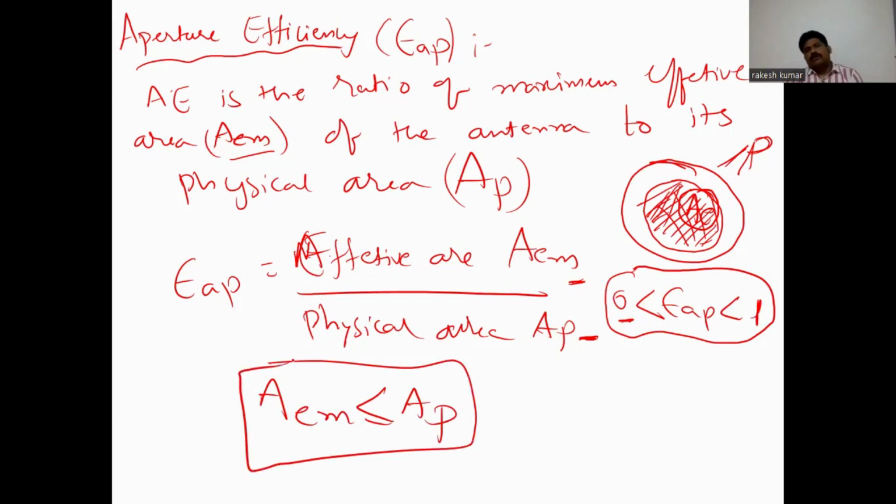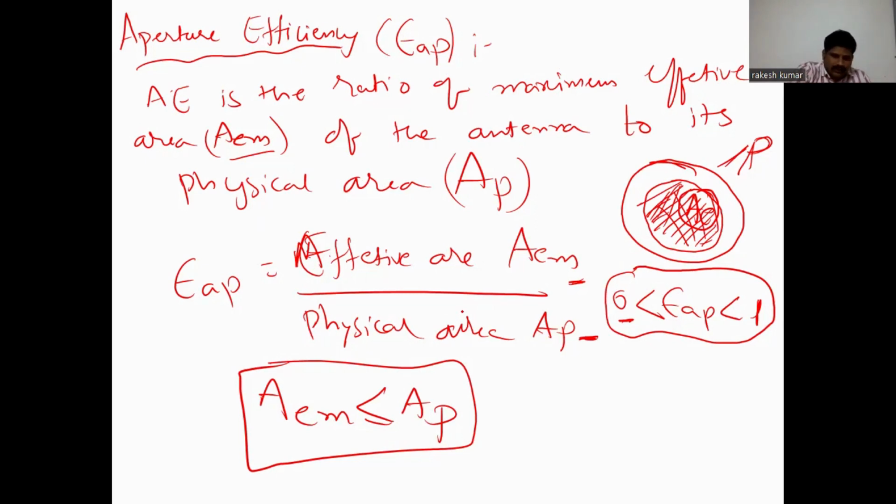So this is the definition of aperture efficiency: the ratio of the maximum effective area AEM of an antenna to its physical area AP.